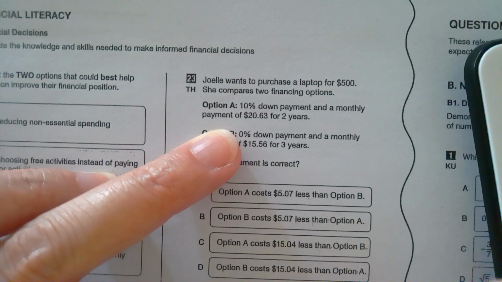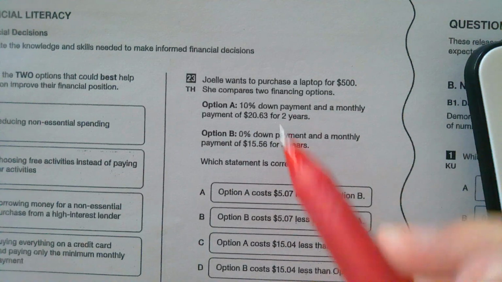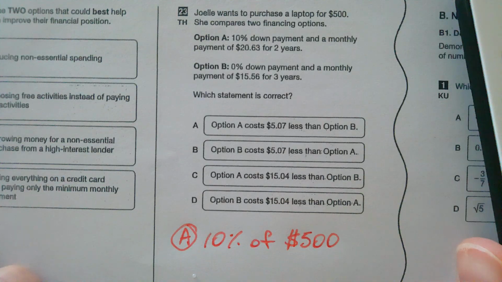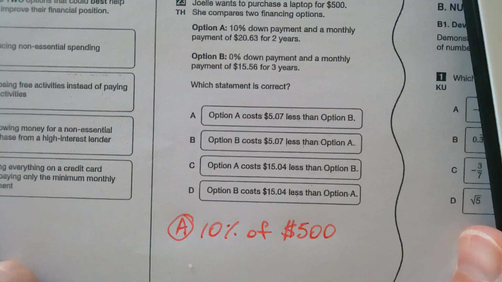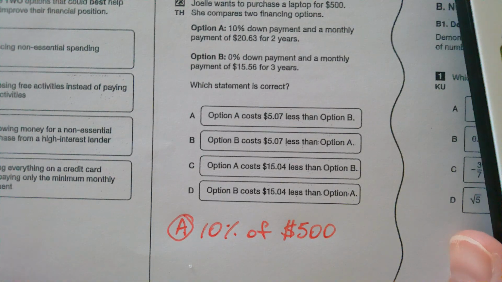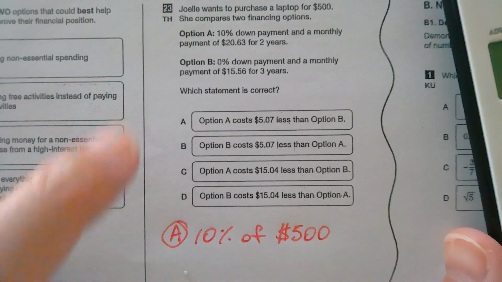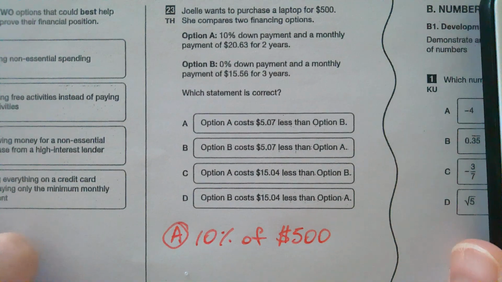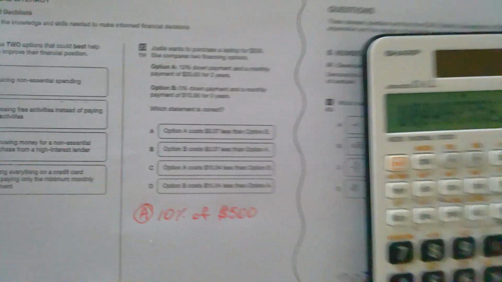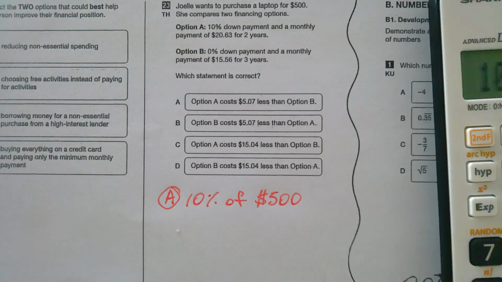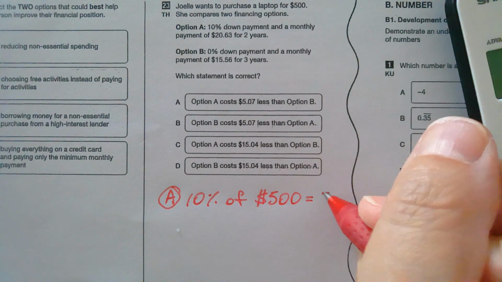So I'm pretty sure you'll see a question like this on EQAO. Remember the focus on EQAO this year, I would say, is financial literacy. So you'll do a lot of these types of questions. Okay, so 10% of this is $50.